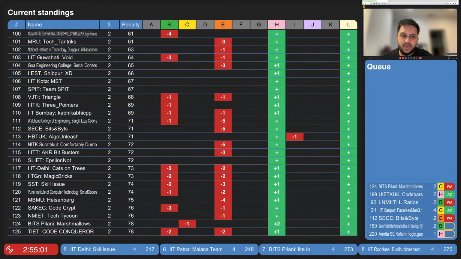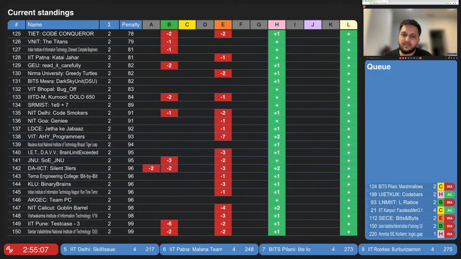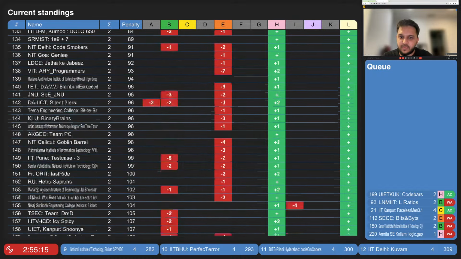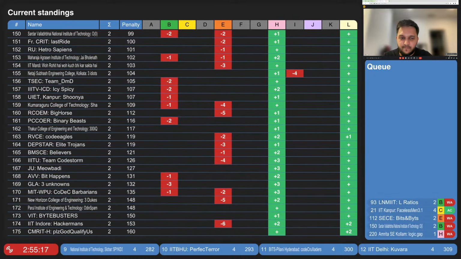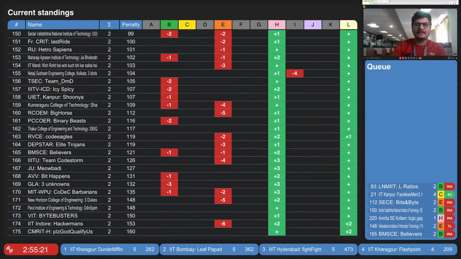Yeah, there's Spy Kids from NIT Silchar at rank 9, and it looks like they're trying Cheap Construction. They have 1 WA on Cheap Construction right now. I will go ahead and check their code once, to see what they are doing.